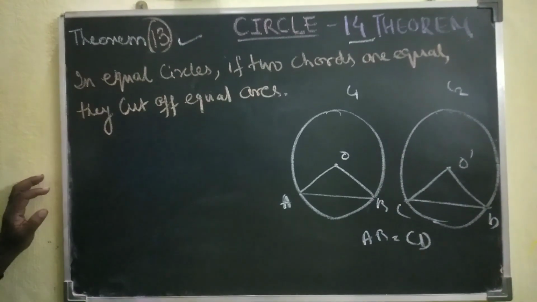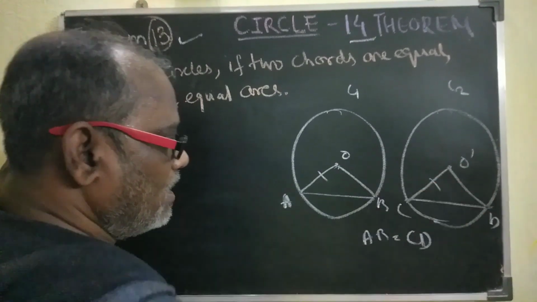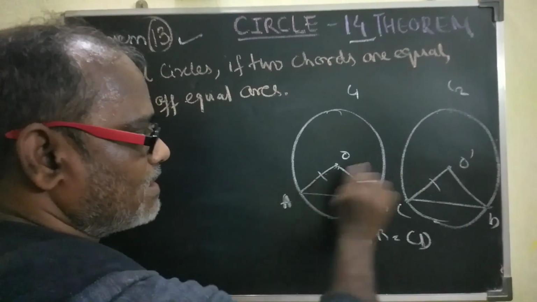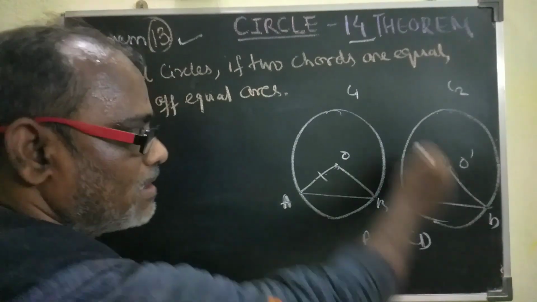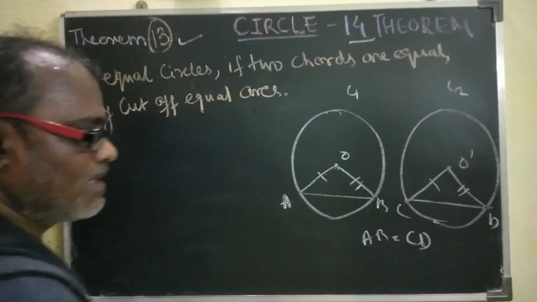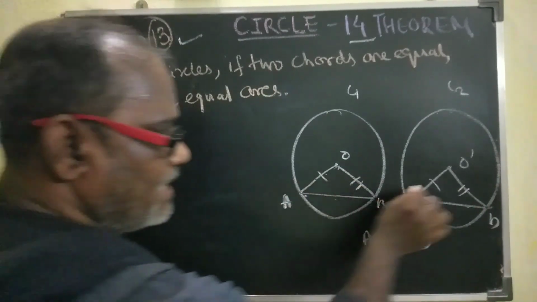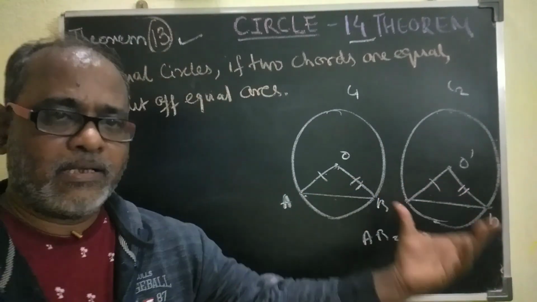Now from these two triangles, OA equals O dash C. Why? Because the radii are the same, as the circles are equal. Again this side equals this side, same radius. Again AB equals CD, it is given. So by the SSS theorem, these two triangles are congruent.